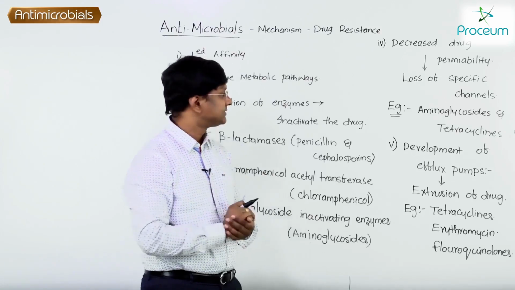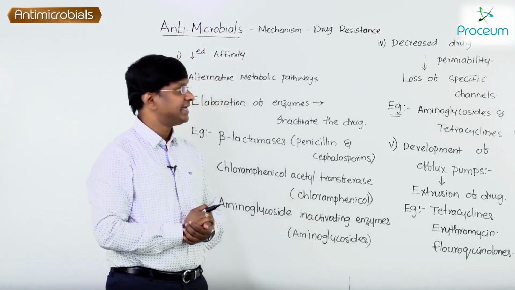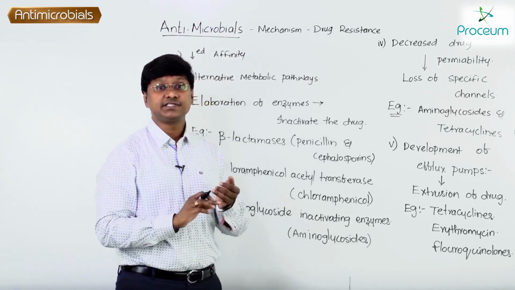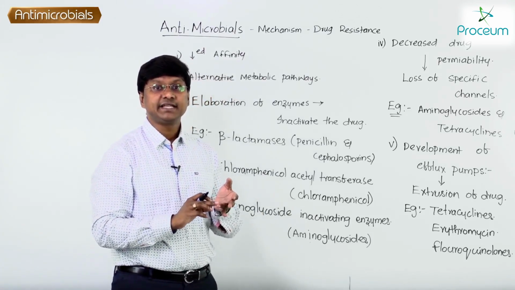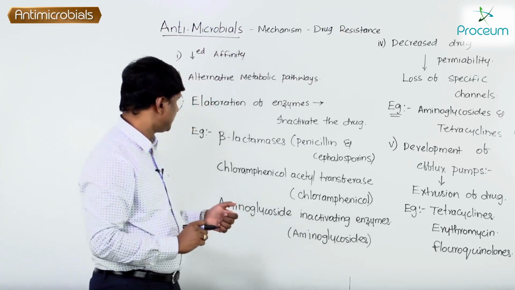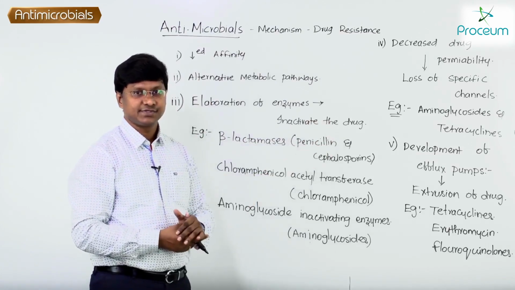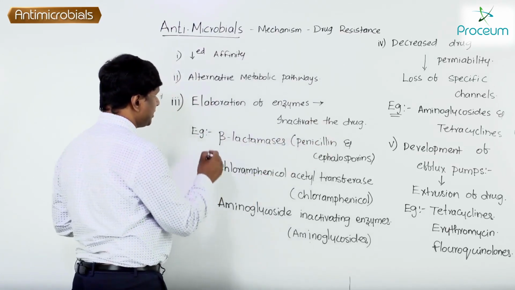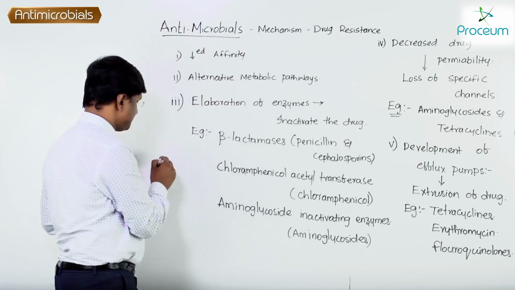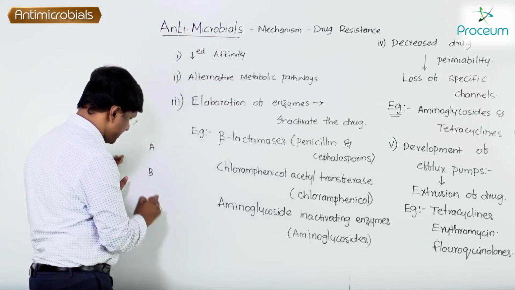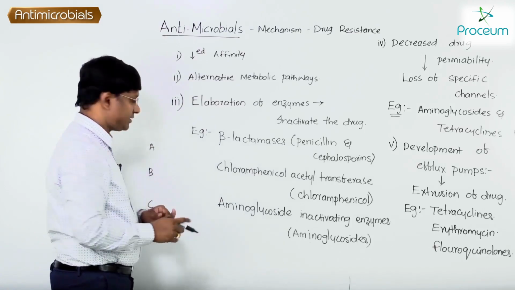All right, next. There is one mnemonic, let me tell you one mnemonic here. Drug resistance by inactivating enzymes. You can remember the mnemonic, that is A, B and C, right?